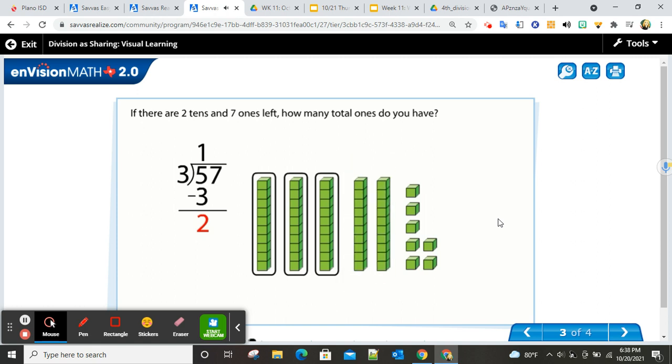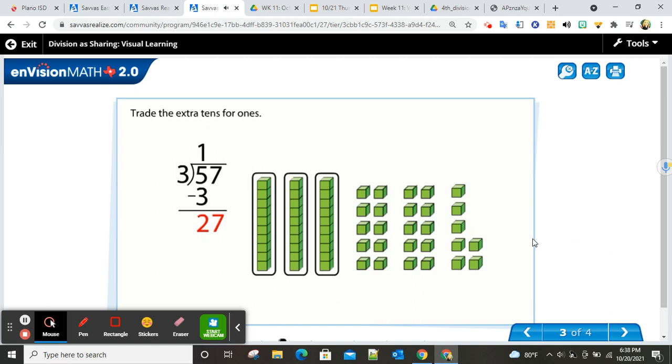If there are 2 tens and 7 ones left, how many total ones do you have? Well, we would have 20 plus 7, 27. There are 27 ones. Trade the extra tens for ones. Divide the ones.